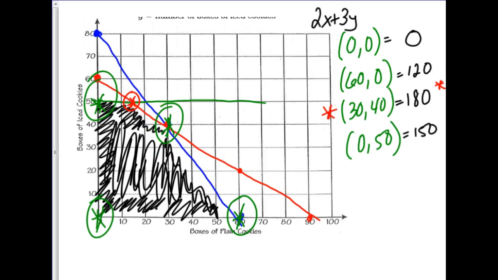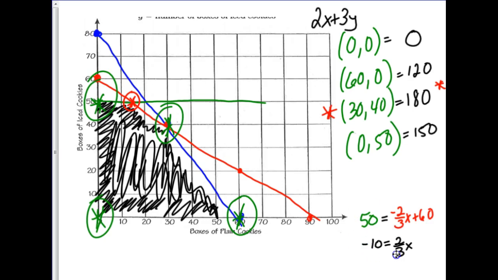So what you'd have to set up is 50 equals the red function, which was negative 2/3 x plus 60. I already know the y is 50. And if I solved for that, I would subtract 60 and get negative 10.